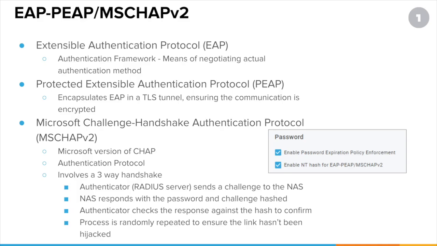The only thing that you have to do on the OneLogin end in order to make sure that this will work, again, there are some configuration steps that you have to do over on the NAS device end, those VPN servers or those Wi-Fi routers. But on the OneLogin end, one simple step: make sure that Enable NT hash for EAP-PEAP MS-CHAP v2 is checked.